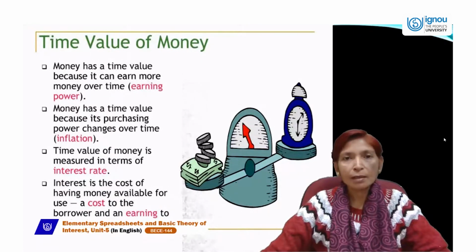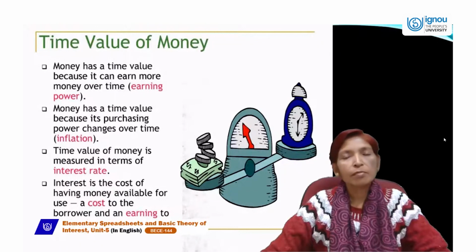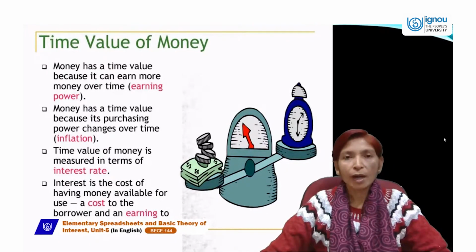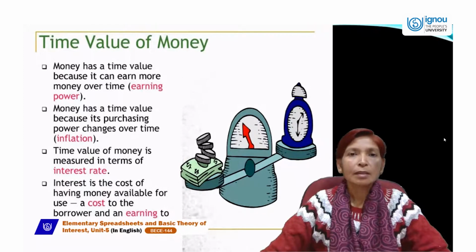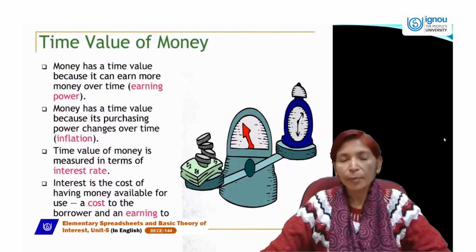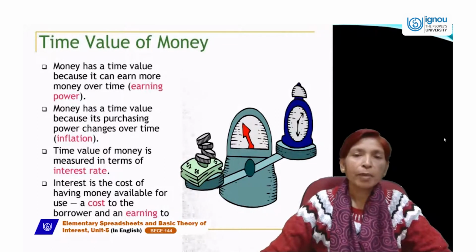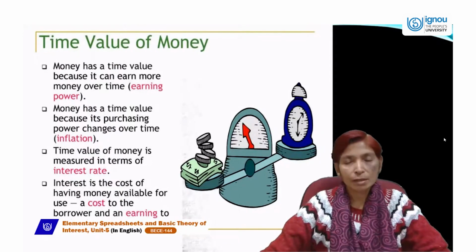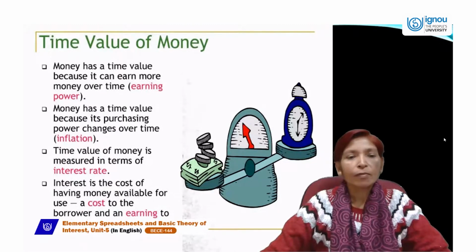So households are lenders and business enterprises are borrowers. Lenders will get earning or reward from their deposited amount in the form of interest, and borrowers will pay interest when they borrow money. It is known as cost. The interest which they are paying is called the cost of the money.